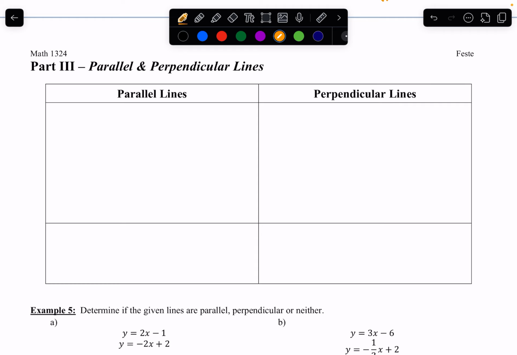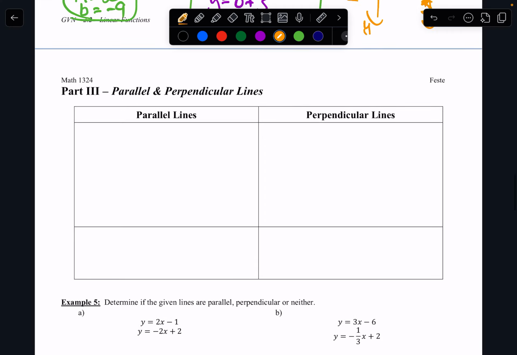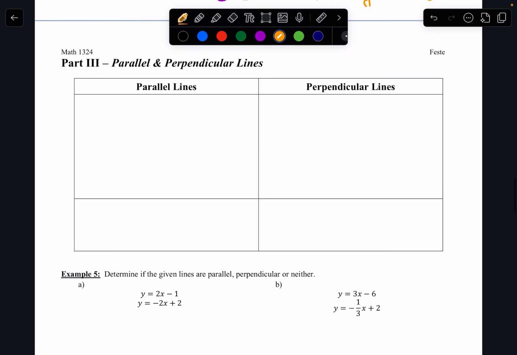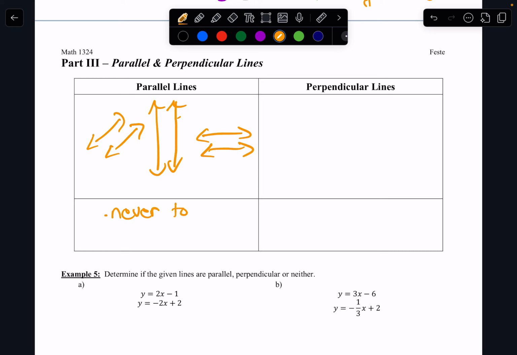So parallel lines are next to each other, side by side, and they go in the same direction. There are a lot of different options for parallel lines. They never touch, so they have the same slope.